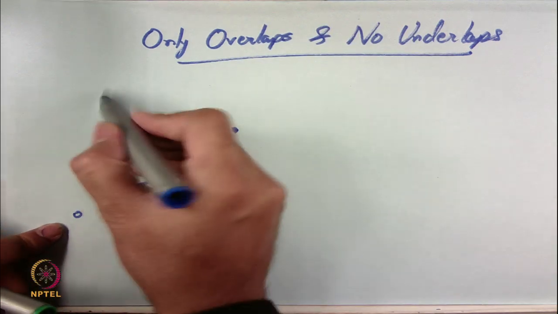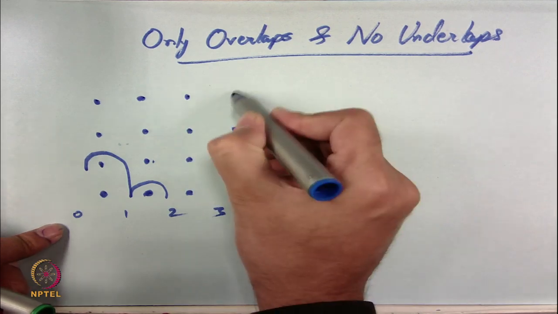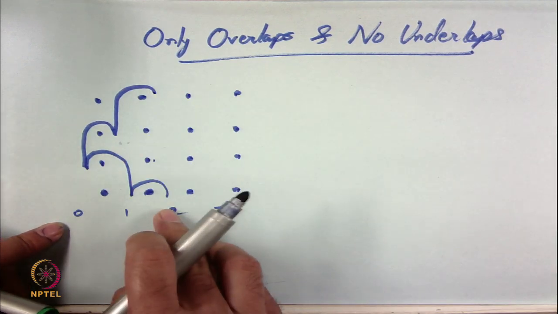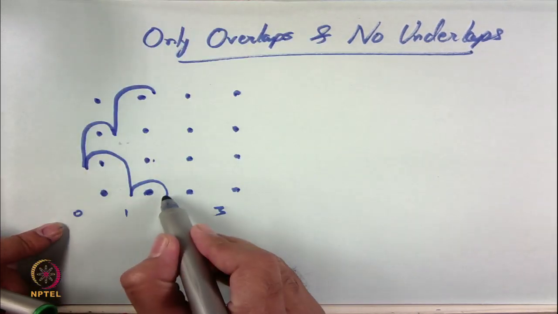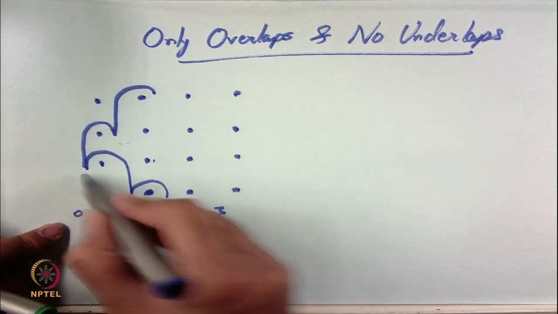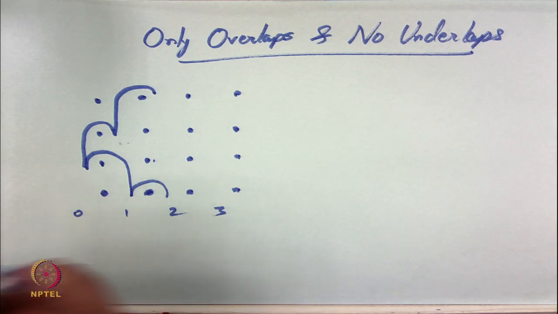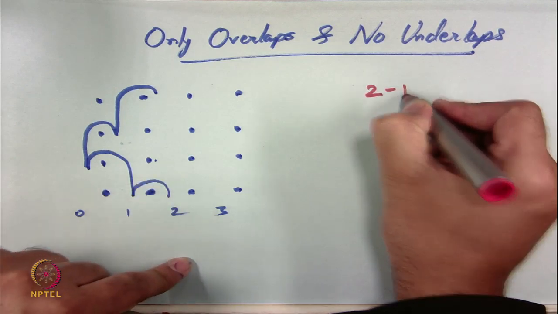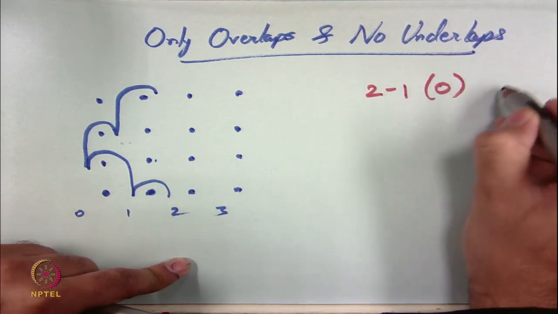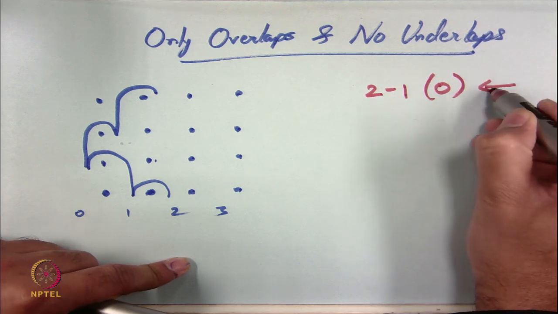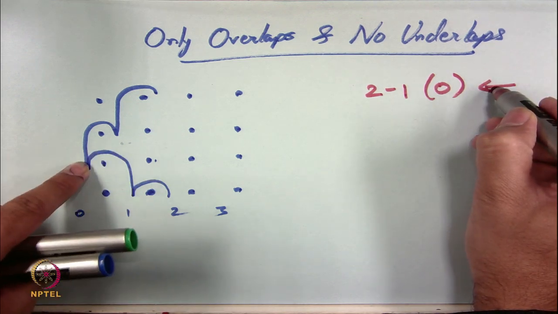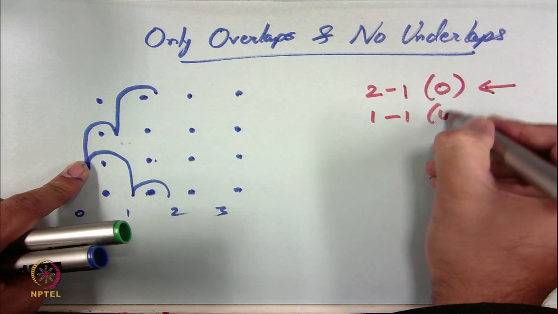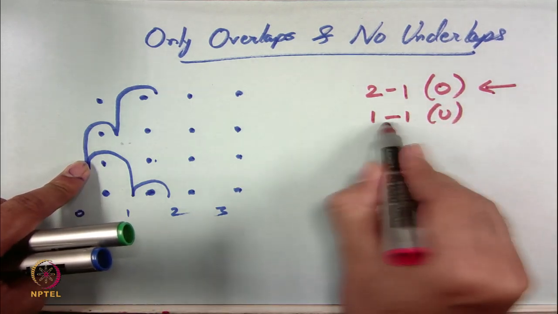Similarly, you can go to the other position. If you see this repeat design, only overlap is happening, no underlap at the back side of the needle. If you want to check this with numbers, 2 to 1 is overlap and direction is right to left, then 1 to 0 is overlap, it means underlap is missing. 1 to 1 is underlap, so no underlap, because the position remains same.